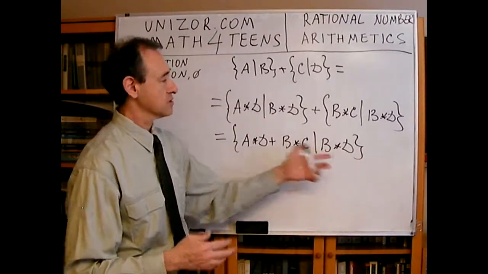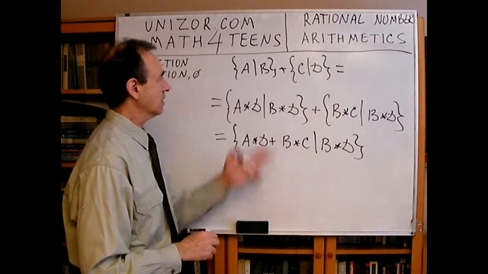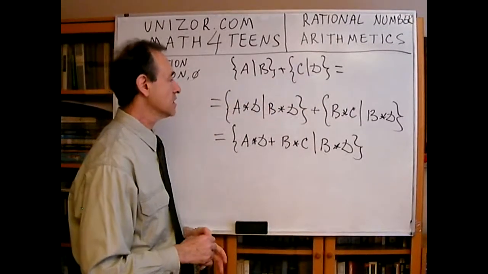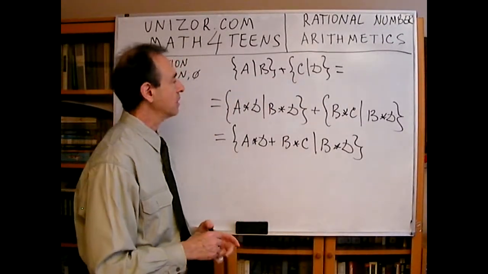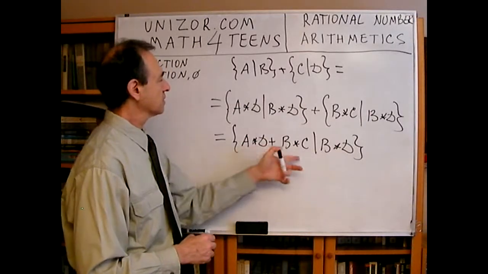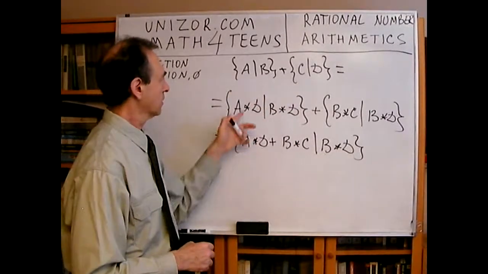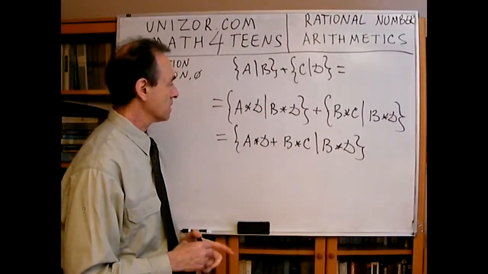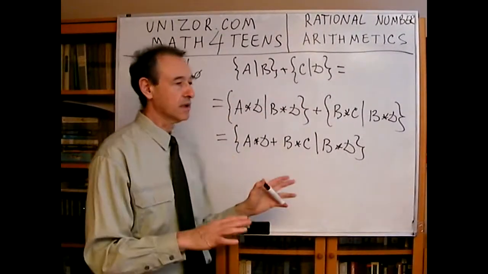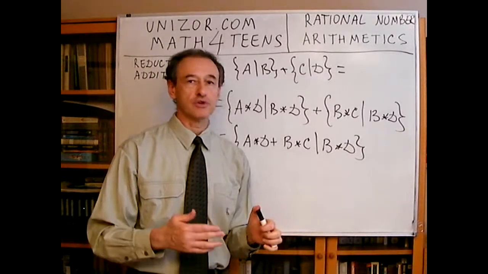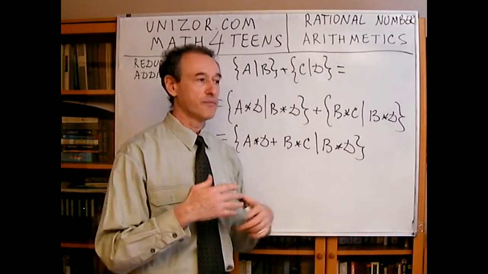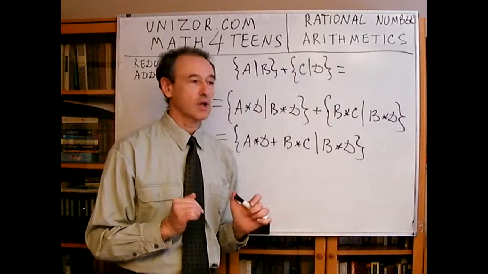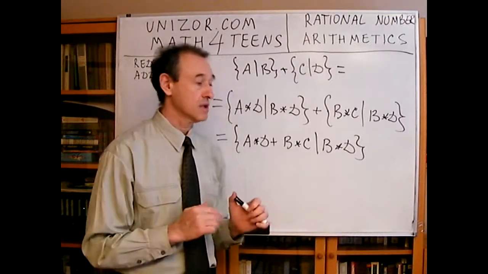In this case, I just chose B times D, if B is one denominator and D another, and B times D is the common denominator, obviously, and then multiplying correspondingly the left parts, A times D and B times C.